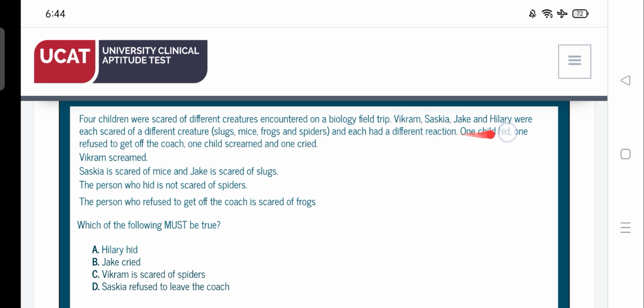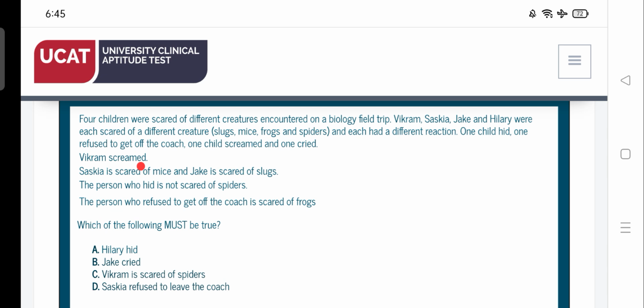Vikram, Saskia, Jake, and Hillary were each scared of a different creature: slugs, mice, frogs, and spiders. And each had a different reaction. One child hid, one refused to get off the couch, one child screamed, and one cried.